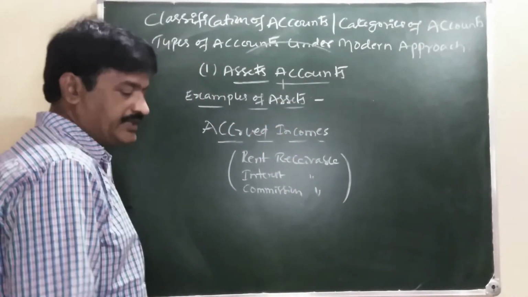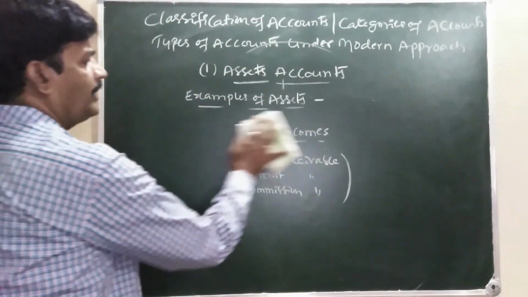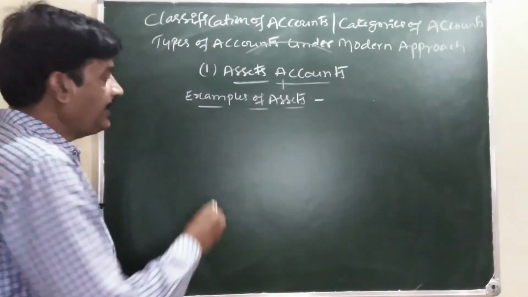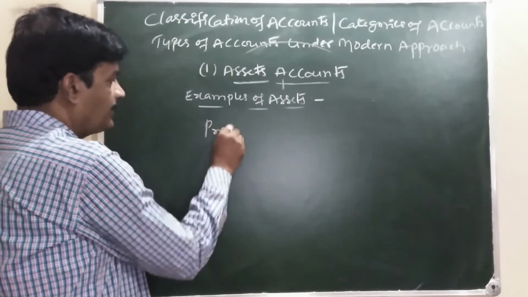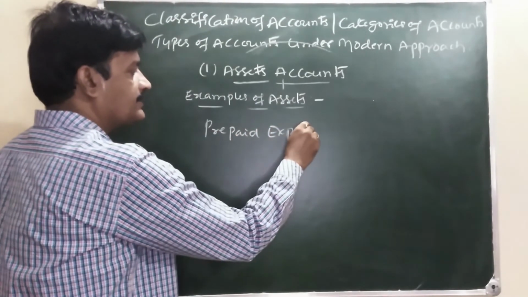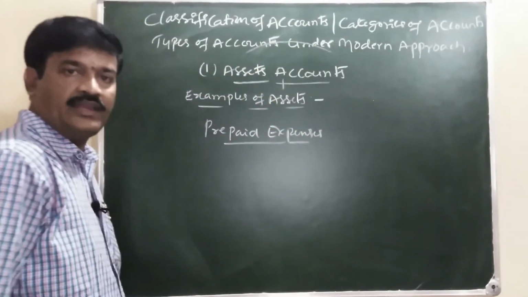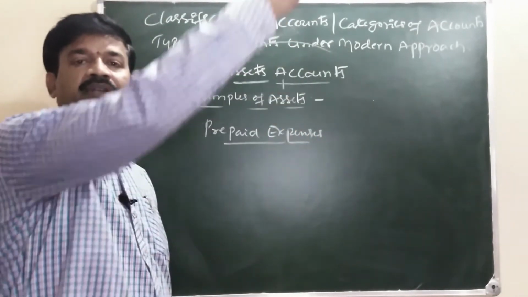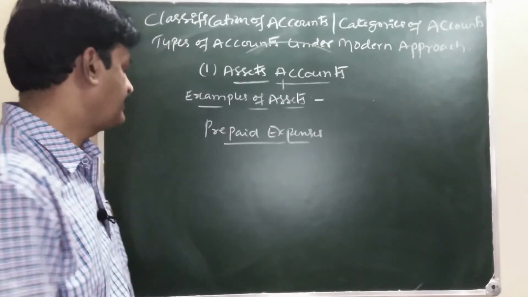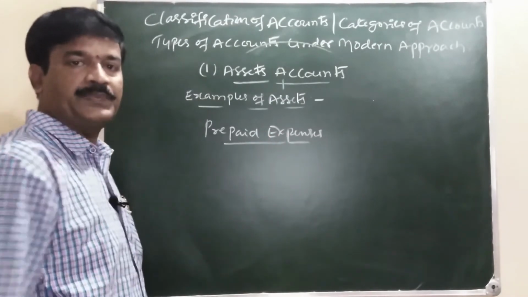Besides this, prepaid expenses also come under assets. Expenses related to the next accounting period, which we paid in this year, are called prepaid expenses.